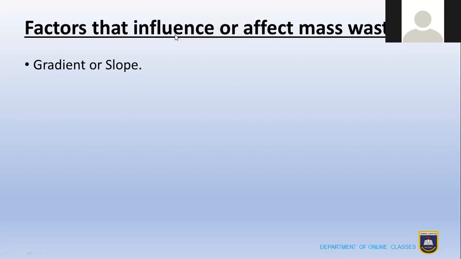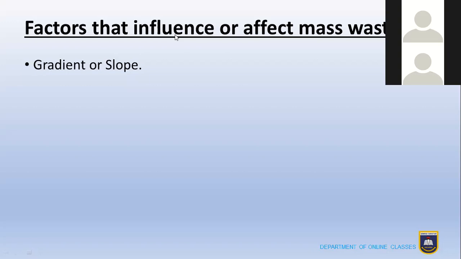So take note, that is for the gradient. Once again, weathered materials tend to move faster in areas where the slope is very steep compared to areas where the slope is very gentle. So the steeper the slope, the faster the movement of the weathered materials.